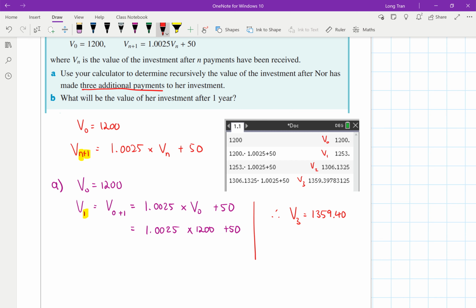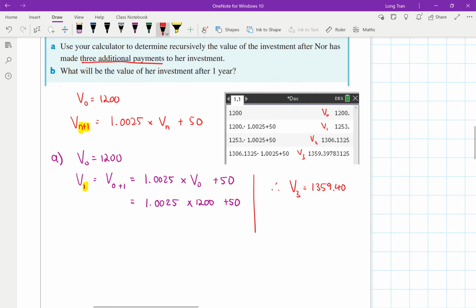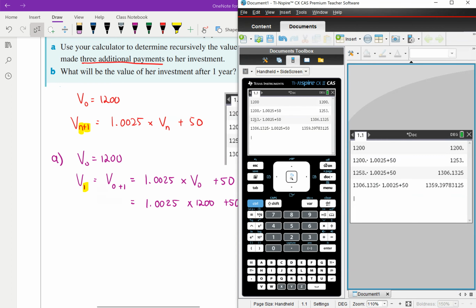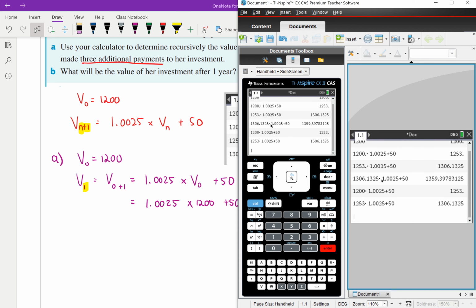Now, this is the recursive model. If you were to do it the long way, which you could have done, 1,200 times 1.0025 plus 50, and then you do 1,253 times 1.0025 plus 50, that's your second payment, and then you do 1,306.1325 times 1.0025 plus 50.